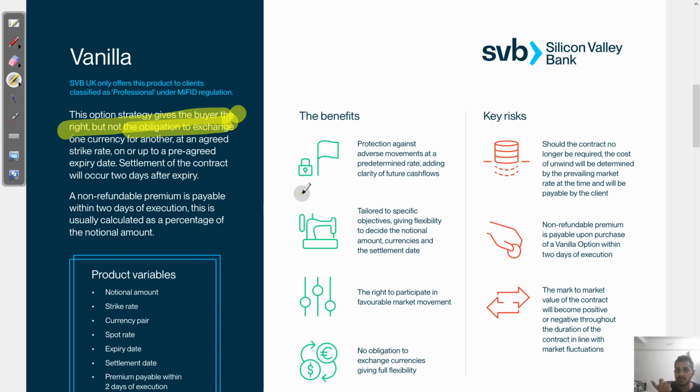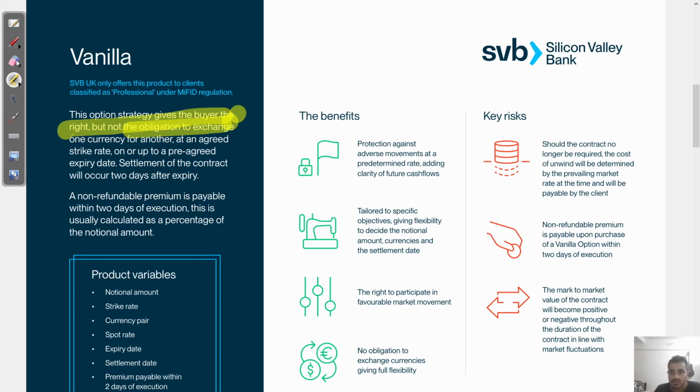The obligation would be on the opposite party. So here we have a right to exchange one currency for another at an agreed strike rate on or up to a pre-agreed expiry date. Settlement will occur 2 days after the expiry.